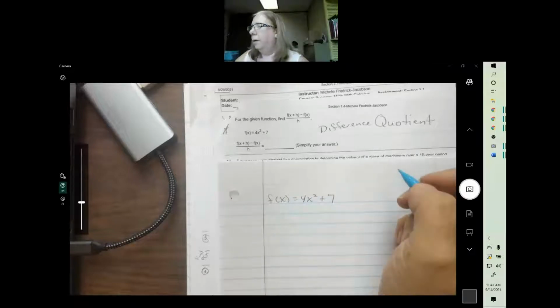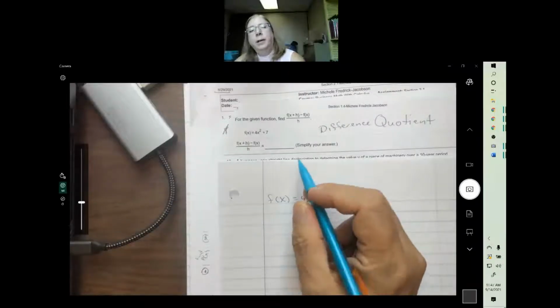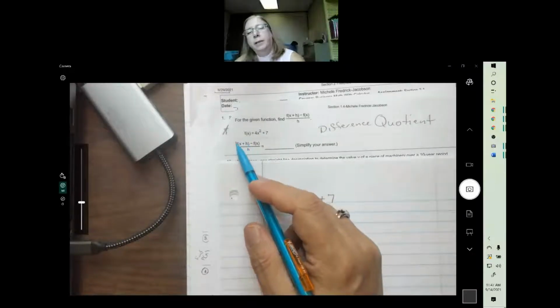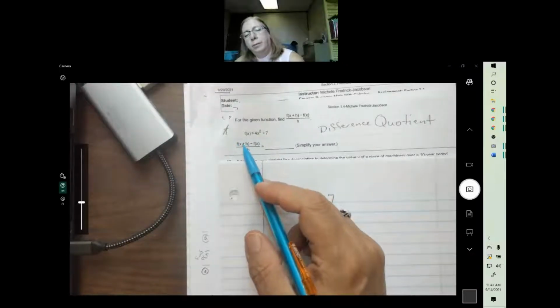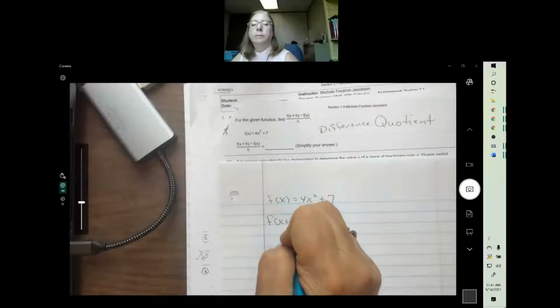So if we have this, now when I have a polynomial and I have to find it, I break it into parts. I first find f of x plus h. Then I subtract the original problem, and then I divide by h. I don't do it all at once. If you want to do it all at once, that's up to you.